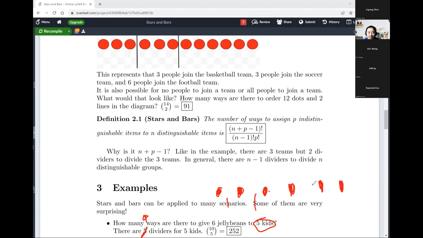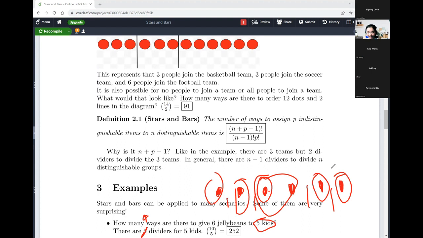Let's say 1, 2, and then 3, 4. And now we have 1 section, 2 sections, 3 sections, 4 sections, 5 sections. So if you have 5 different or n different categories, in this case our category is kids, the number of dividers is n minus 1.